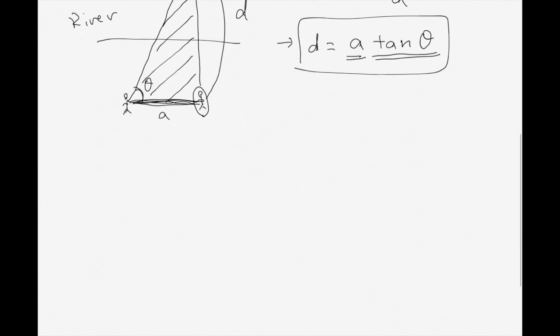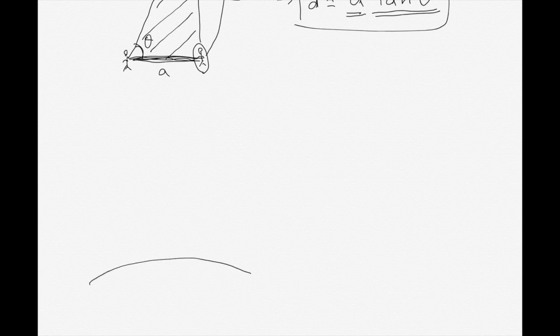Okay, so we can use this method to find the distance to the moon. The moon is here, it looks like a building. And you stand here, and your friend is moving a little bit away from you.